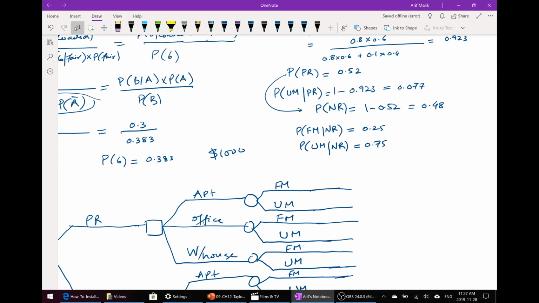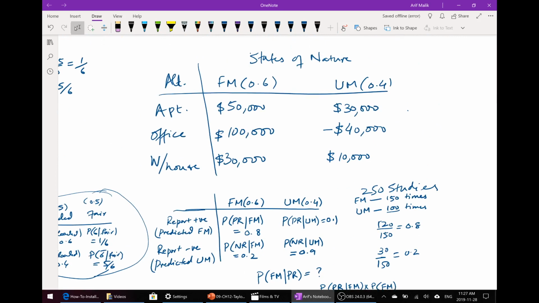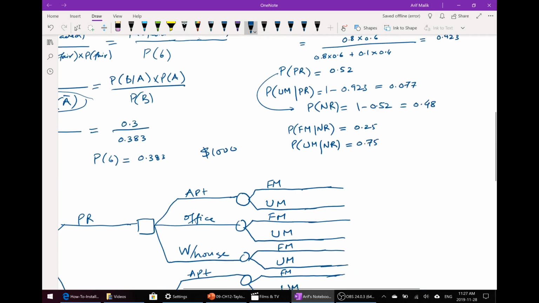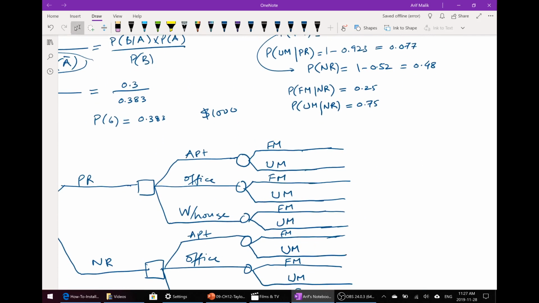When we invest in apartment building and the market is favorable, our payoff is $50,000. So instead of putting 50,000, we put $49,000, because 1,000 is paid there. Similarly, instead of putting 30,000, we put 29,000.